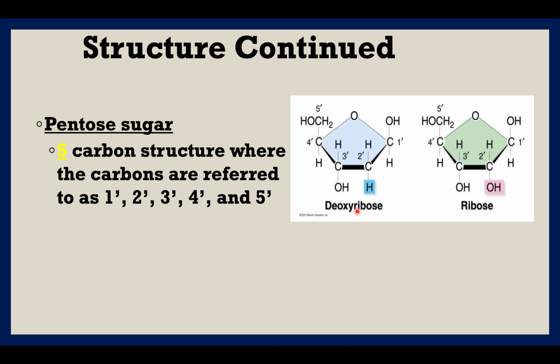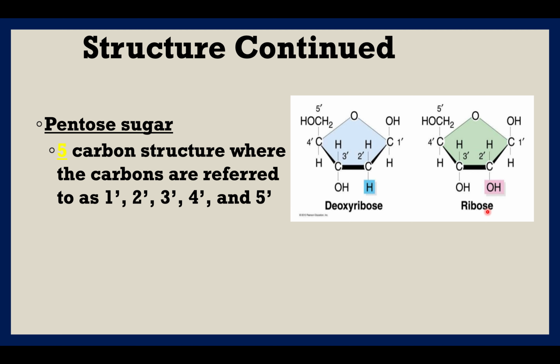Now, let's look at the difference between deoxyribose and ribose. Deoxyribose is missing an oxygen. That is why it's called deoxyribose. Deoxyribose is missing an oxygen in comparison to ribose. Now, let's look at another difference. Deoxyribose is found in DNA. How do we know it's found in DNA?